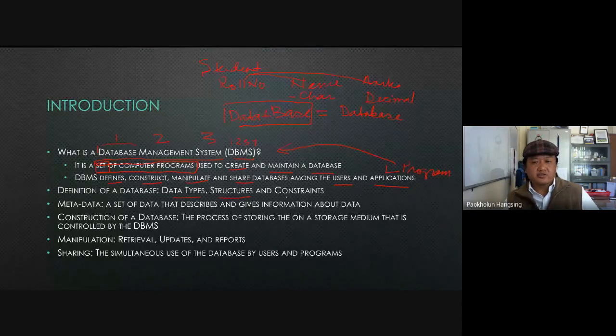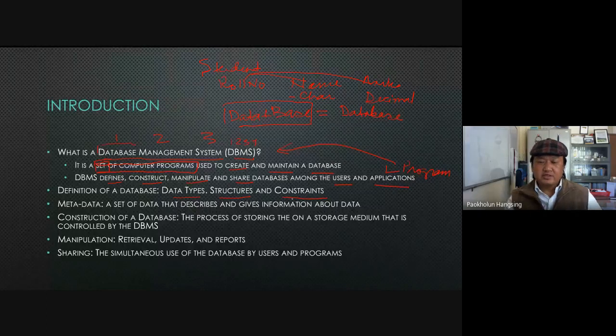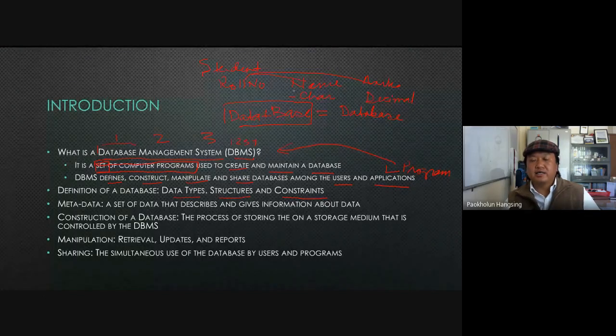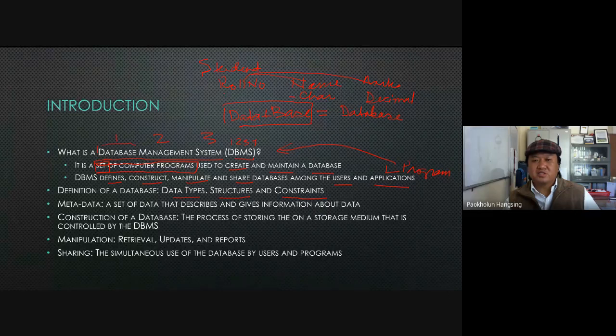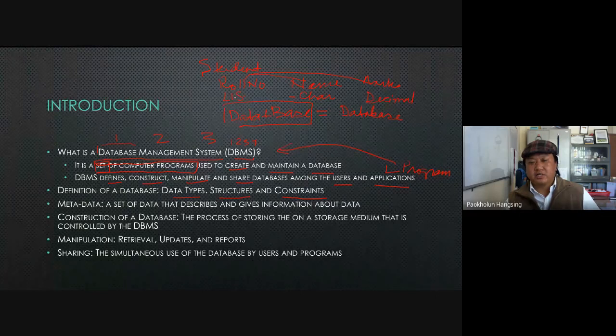Then finally, constraints. This is very important. Constraints, what can be done and what cannot be done. For example, I can say that there is a constraint that all the roll numbers should start with LIS, for example, LIS 01, LIS 02, but it has to be always starting with LIS.